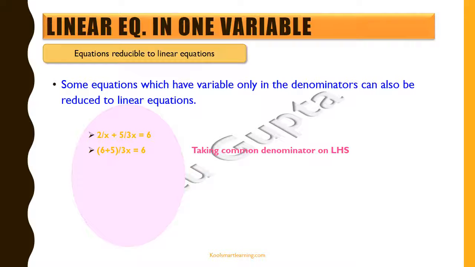If we take 3x as the common factor, it becomes (6 + 5)/(3x) = 6, and that makes it 11 = 18x, after cross multiplying. So 18x = 11, exchanging sides, x becomes equal to 11/18. Again, this got converted into a linear equation.